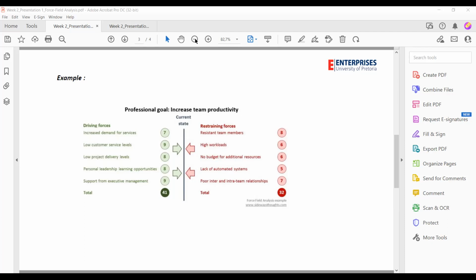Oh, I see. It doesn't necessarily have to balance on the numbers. So it doesn't have to necessarily be 41 and 41? It doesn't have to. Okay, no, I understand. Thank you so much. Good. Any more questions?